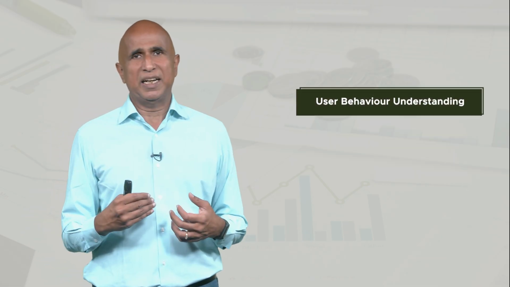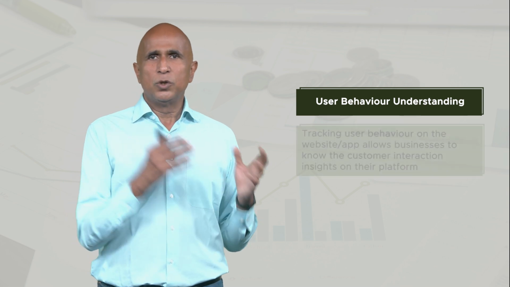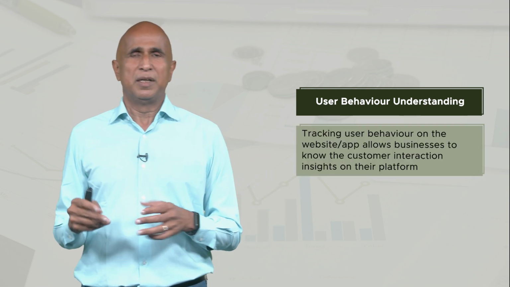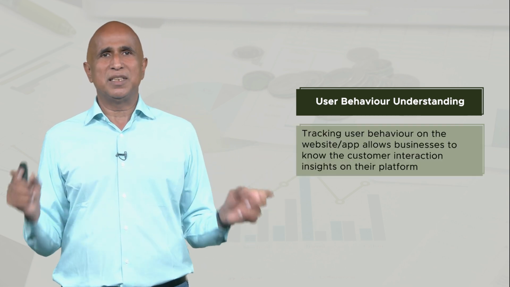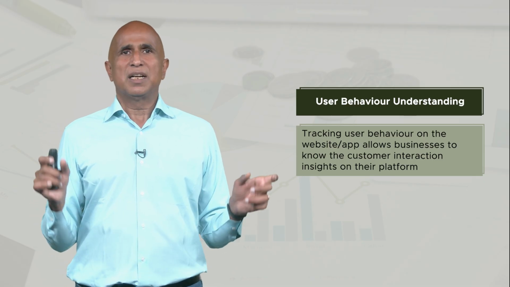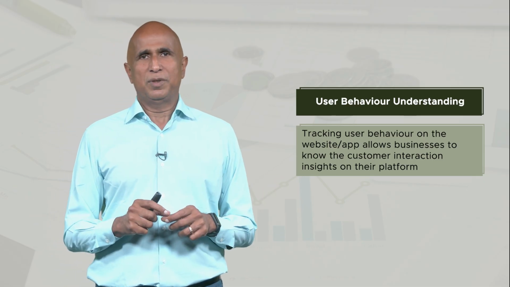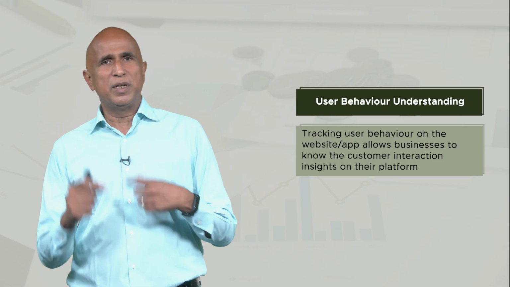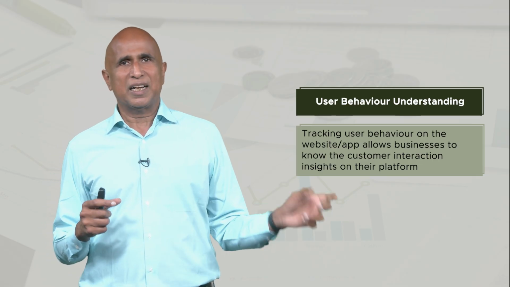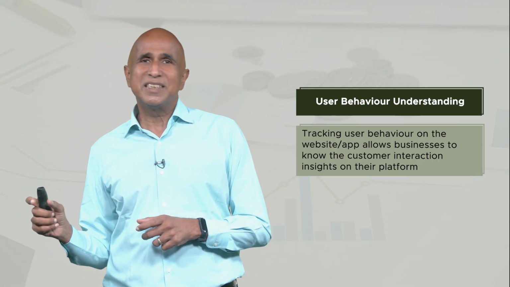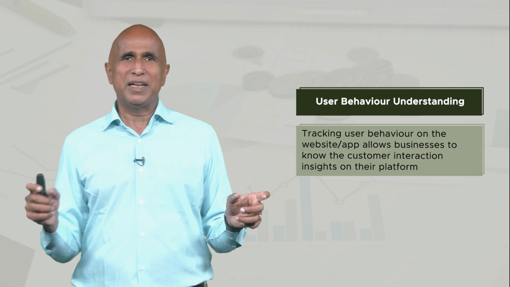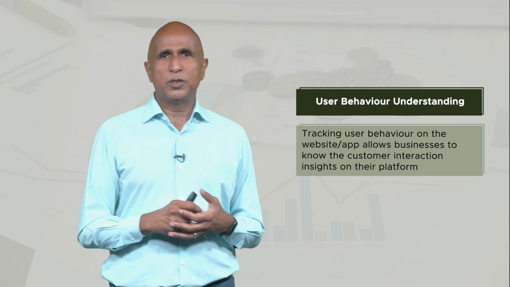User behavior understanding. By tracking user behavior on the website or the app, businesses can gain valuable insight to how customers are interacting with the platform. This can inform improvements to the user experience, and conversion rate optimization strategies can be implemented based on understanding the user behavior.